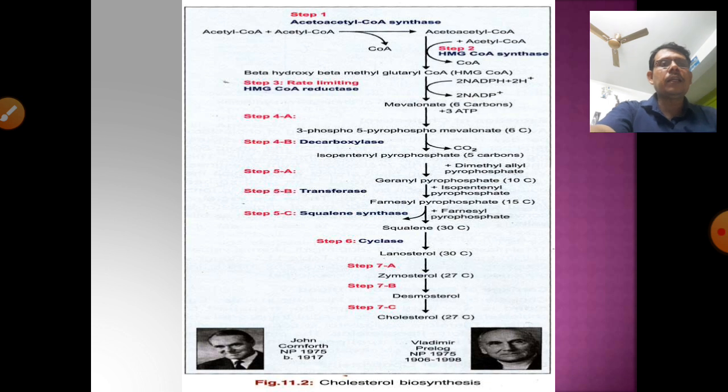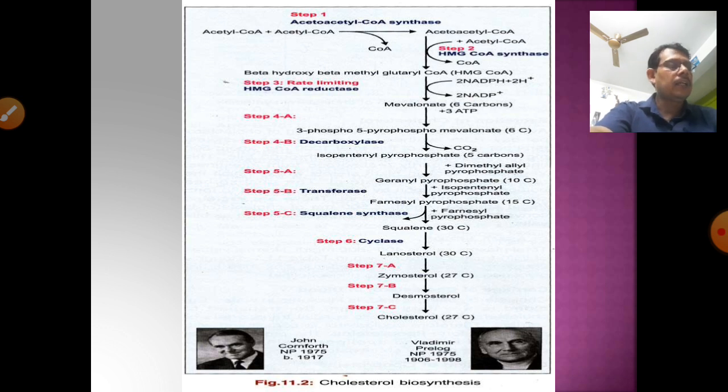In the presence of NADPH, HMG CoA reductase forms mevalonate, a 6-carbon compound, which produces 3-phospho 5-pyrophosphomevalonate. The next step is decarboxylation by a decarboxylase, forming isopentenyl pyrophosphate.